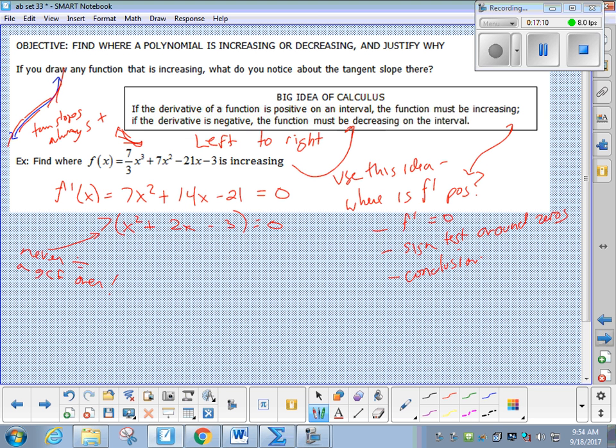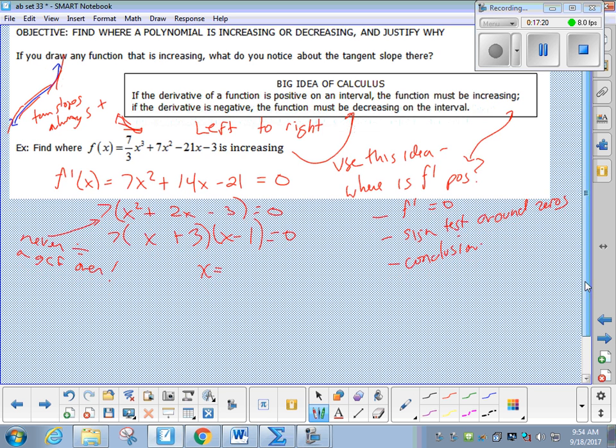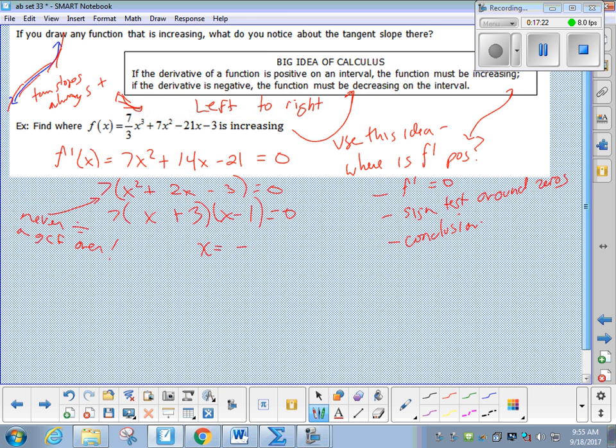And how does that factor? Plus 3, minus 1. And so your solutions, actually your zeros, we're still not done, are 1 and negative 3. Yeah? All right, now our intention was to see where f prime is positive, not 0.